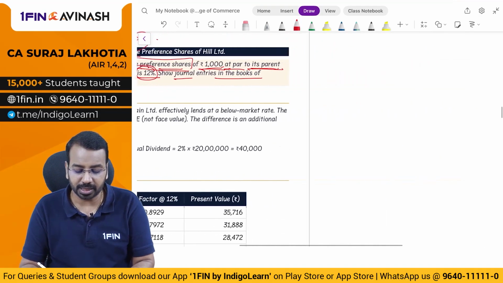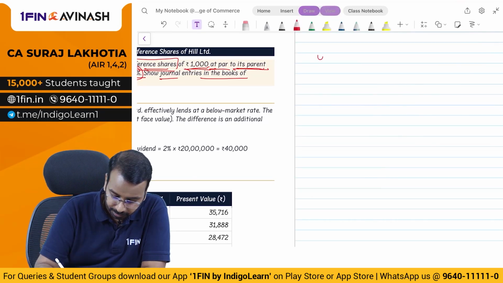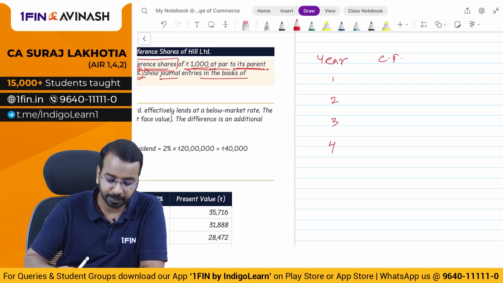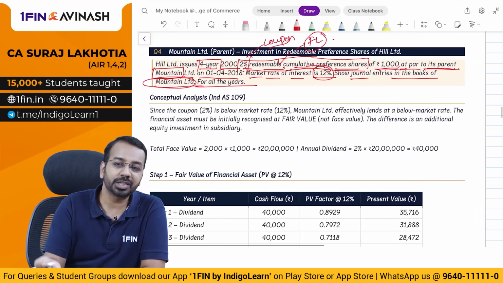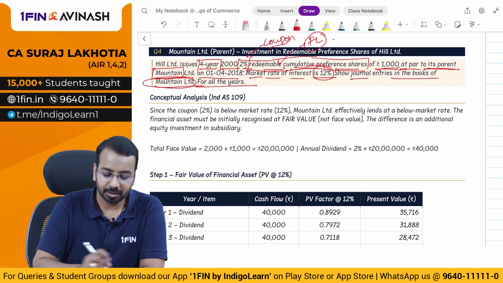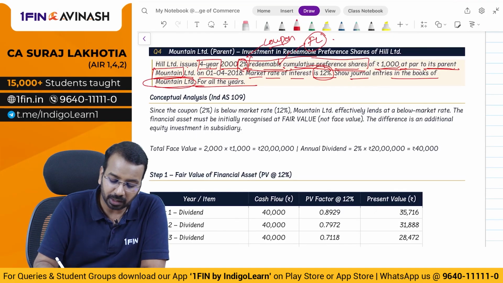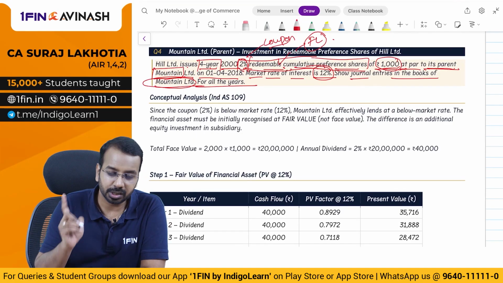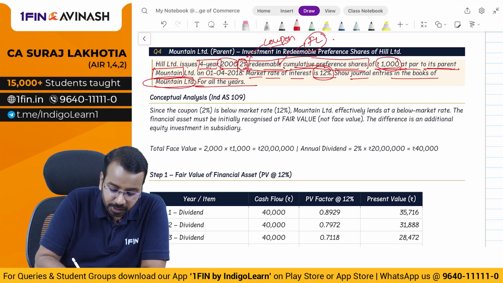So what we need to understand here is the cash flow for years 1, 2, 3, 4. What is the cash flow? How much will Mountain Limited receive every year? 2% on 1,000, and 2,000 is the number of shares.